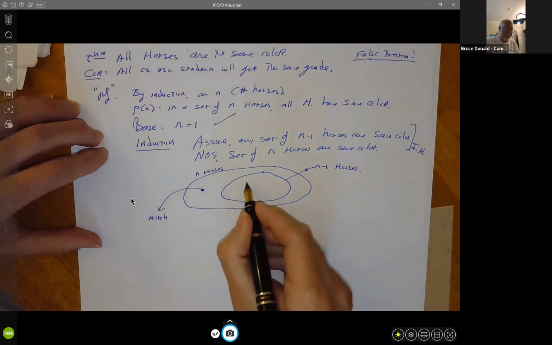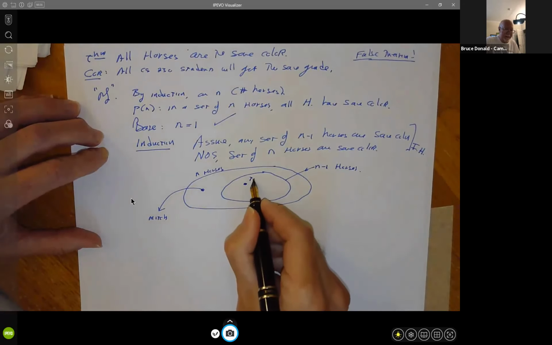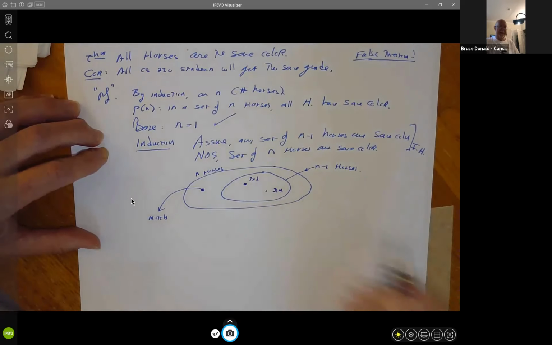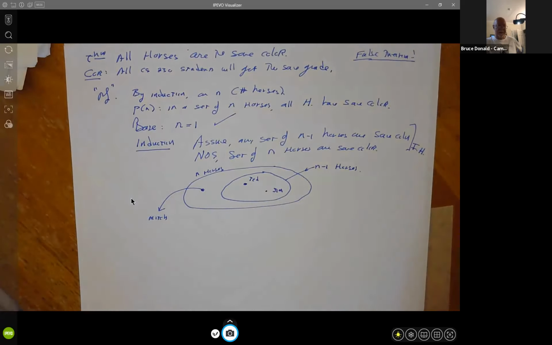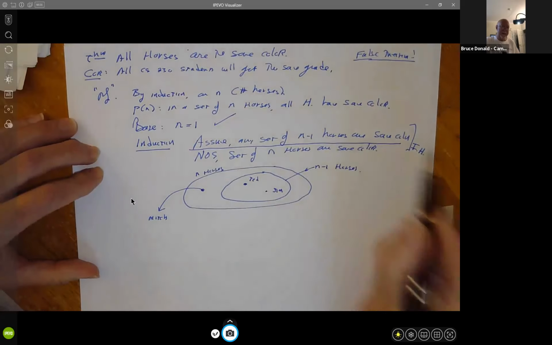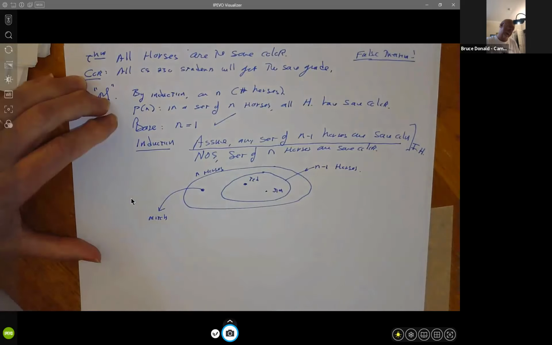And so, for example, here's a horse called Ted, and here's a horse called Jim. They are two of the horses in this set of n minus 1, and they have the same color because by the induction hypothesis, any set of n minus 1 horses are the same color. So now I put Mitch back in, and I have a set of n horses again. Now I'm going to take another horse out.